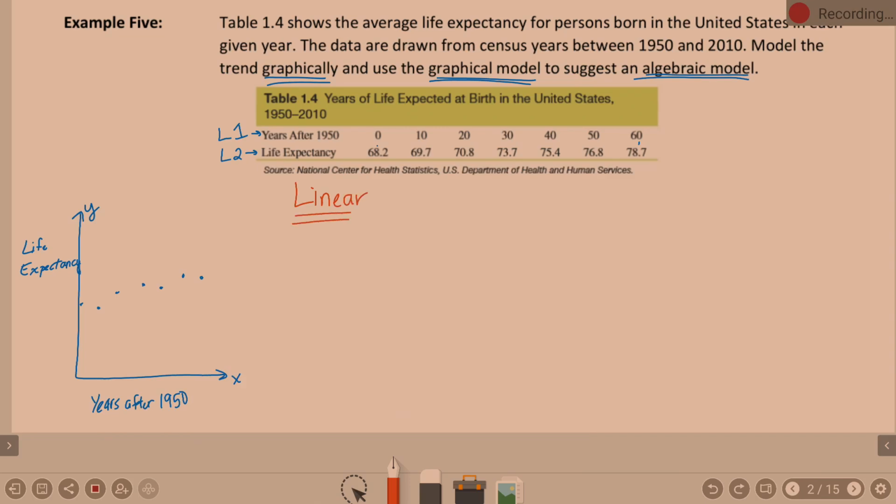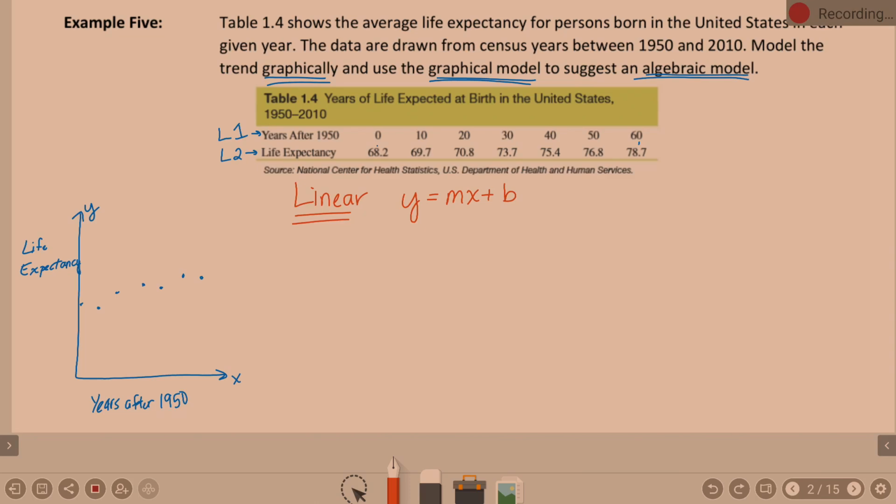What form do we think about for a line or a linear relationship? Generally, when we think about a linear relationship, we think about it in the form y equals mx plus b.